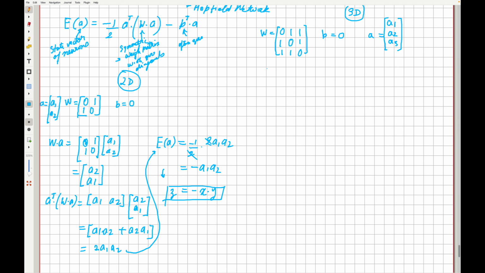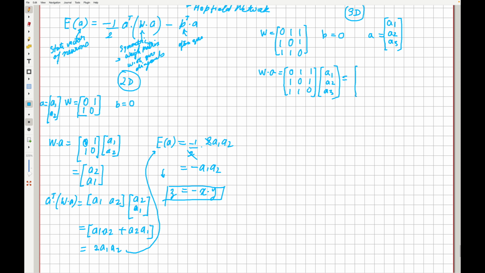Again, we perform the same dot products. First, we calculate W dot A, which is the matrix 0 1 1, 1 0 1, 1 1 0 times A1, A2, A3.